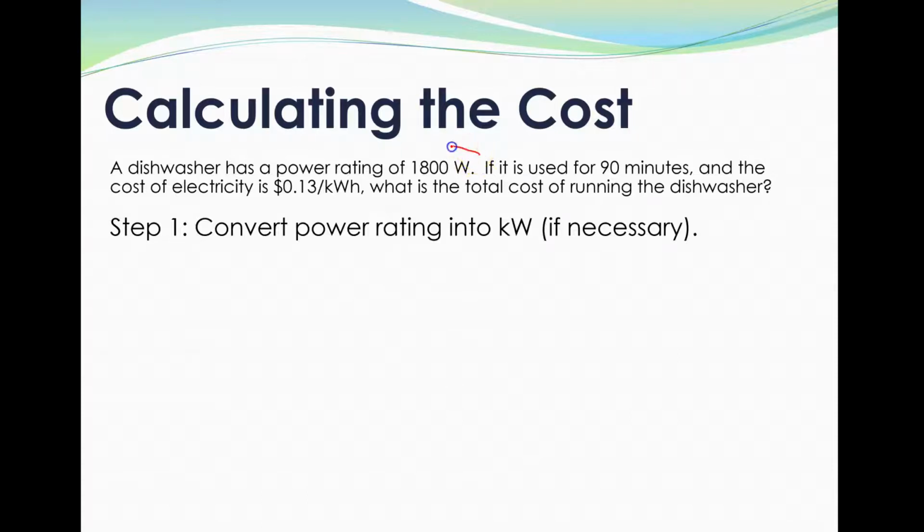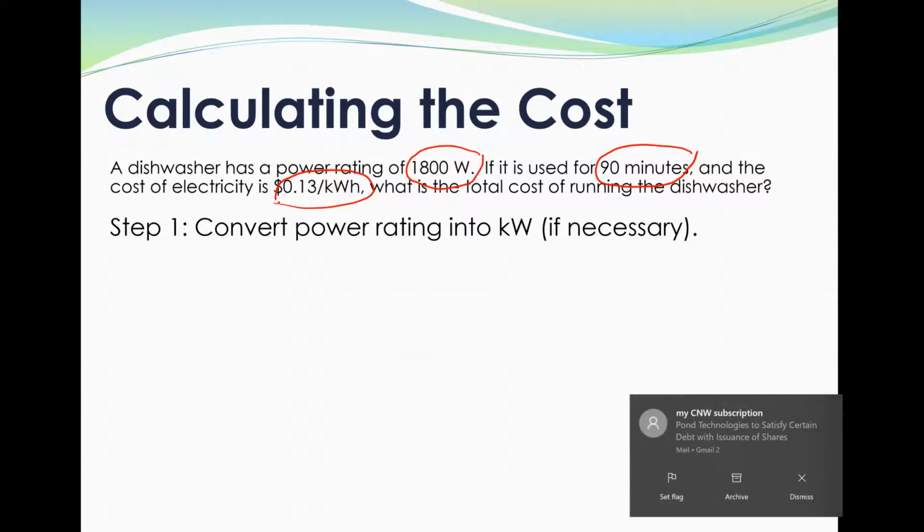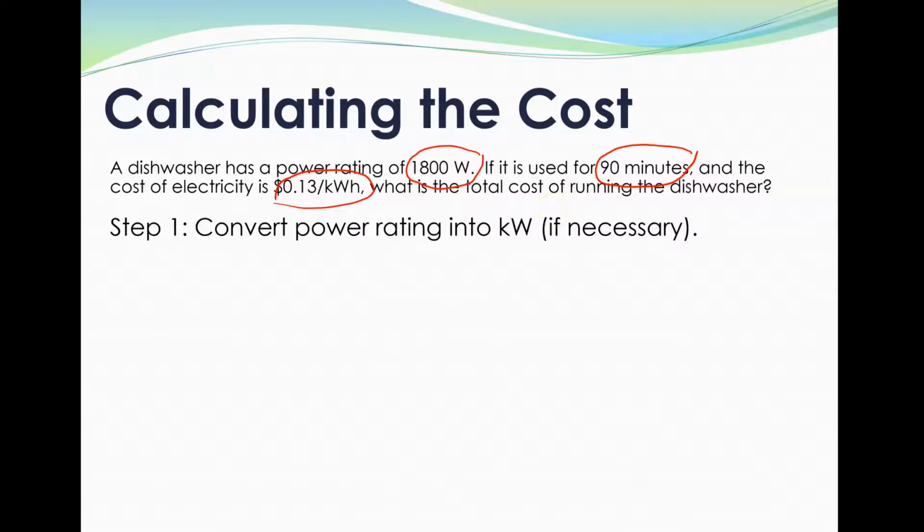We've been given the power rating, which is 1800 watts, and the time, which is 90 minutes. And we've also been given the rate, which is 13 cents per kilowatt hour. The question is, what's the total cost of running that dishwasher for the 90 minutes?